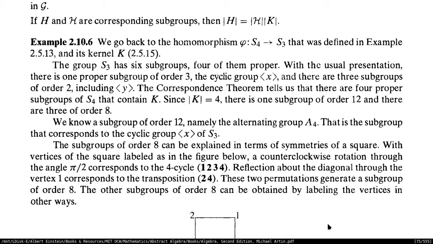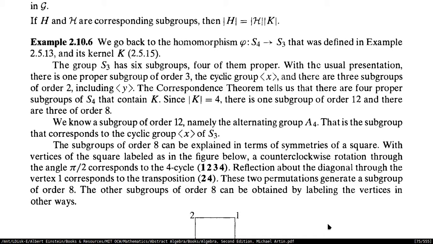Right. And then from the other part of the theorem, because the kernel's order is 4, there is one subgroup of order 12, and there are 3 of order 8.